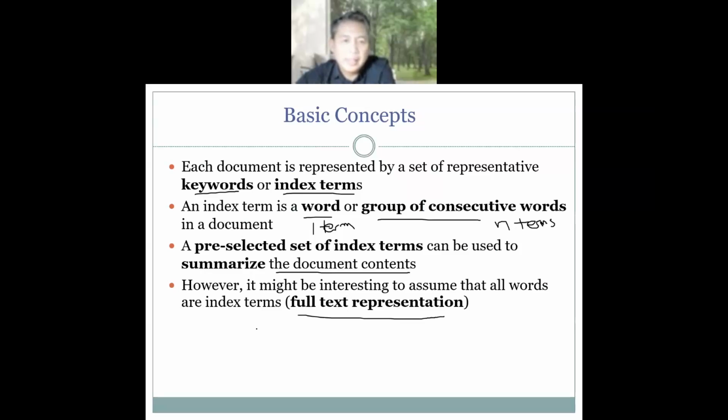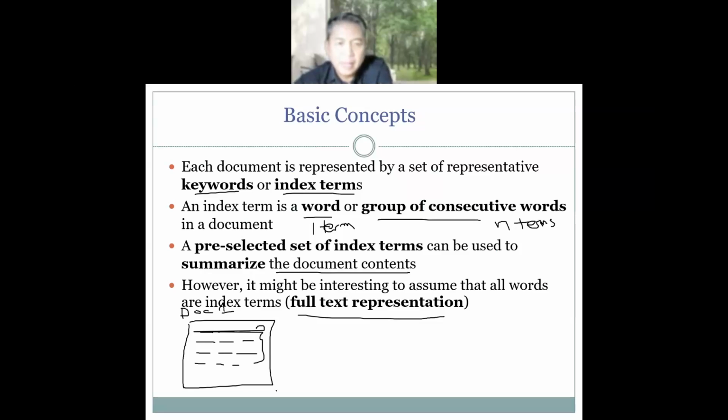Okay, so they say that, given this document, this is your document one, all the words in this document are considered as your index terms. But if you consider them as your index terms, then your index data structure will need so many spaces, so much memory in order to remember that, okay, this document has around 1222 index terms.